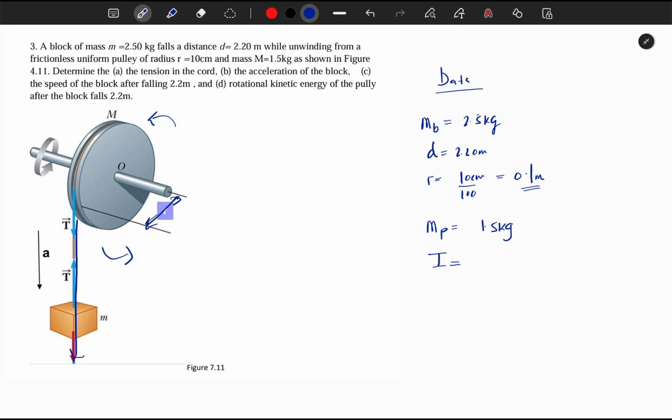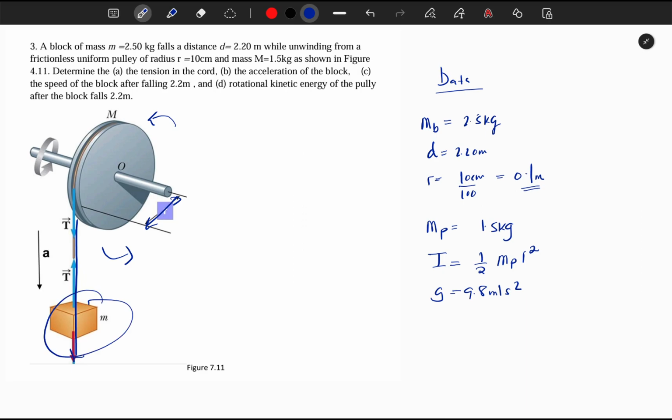Now, the moment of inertia for a uniform pulley is actually given by half the mass of the pulley, MP, multiplied by radius squared. This is what we need. And of course, gravity, we are going to use 9.8. We need it.